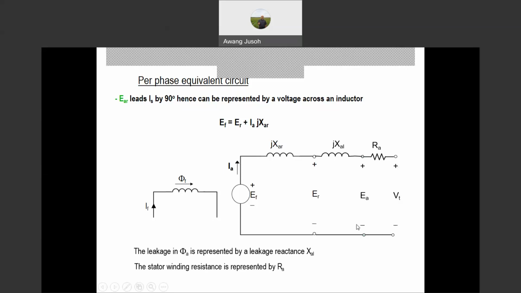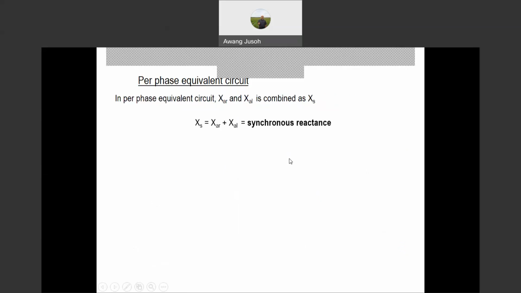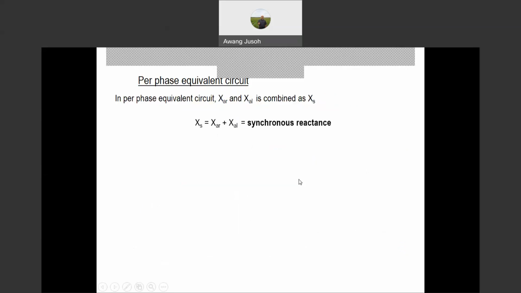And this one can be simplified now. The reactances can be added together, and RA can be kept on its own. So XS is basically the combination of these two inductances, the leakage inductance and the armature reaction inductance, which give you the synchronous inductance, or synchronous reactance. Inductance stands for L, right? For X we call it reactance.